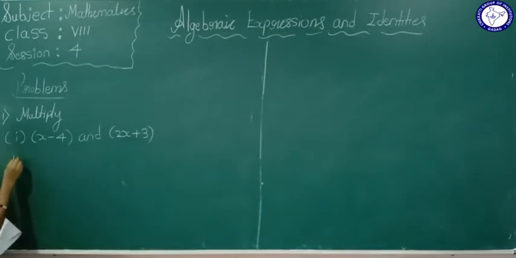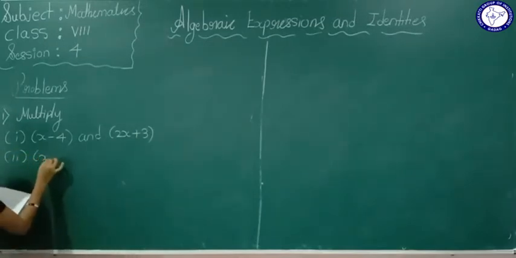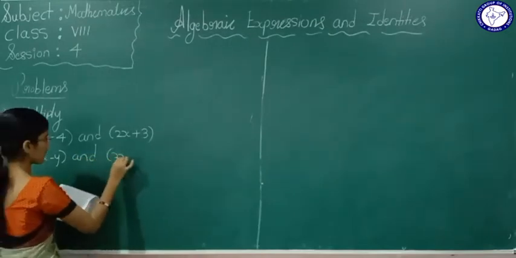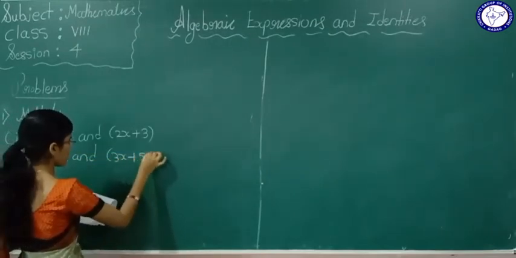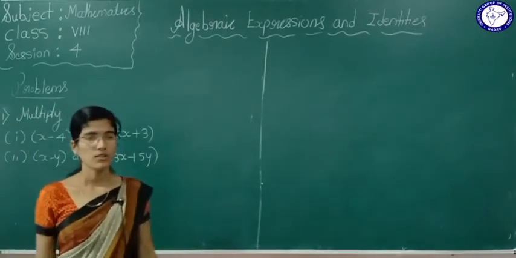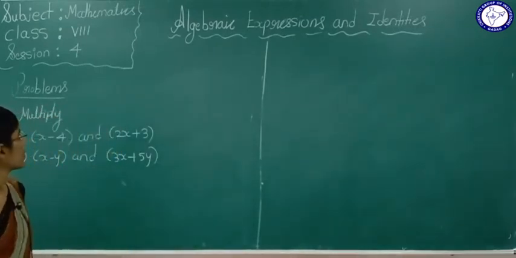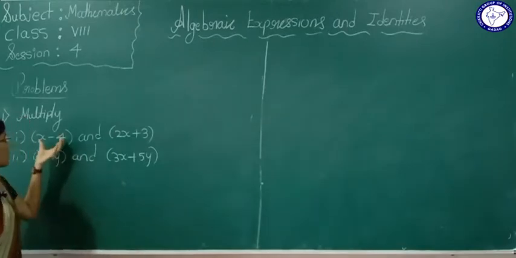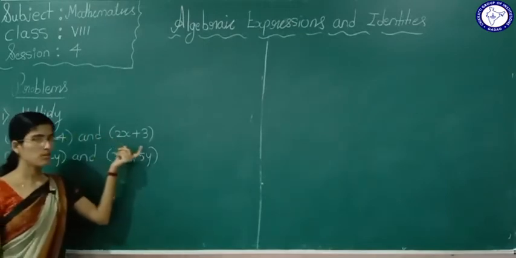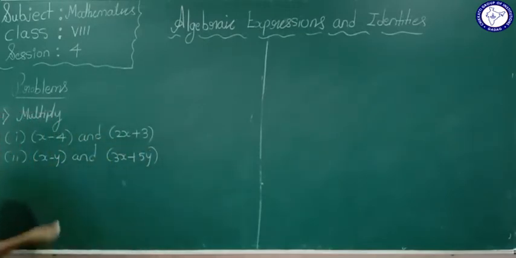Second one, x minus y and 3x plus 5y. Now see, we are going to multiply, they told problems multiply. This is nothing but a multiplication of a binomial by a binomial. Okay. Now see a solution.